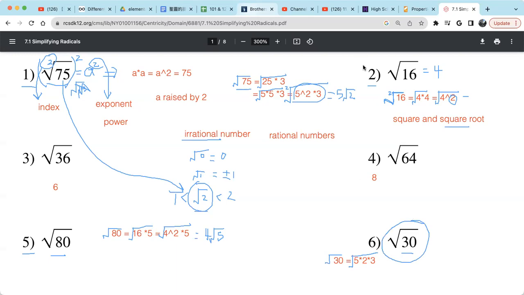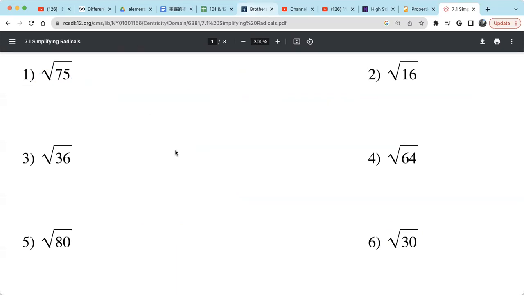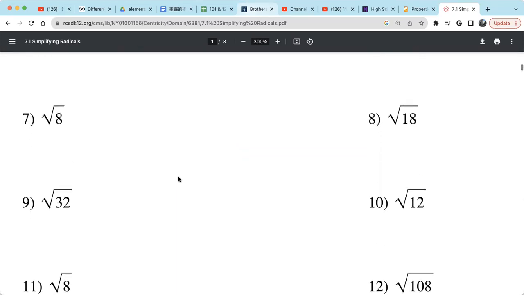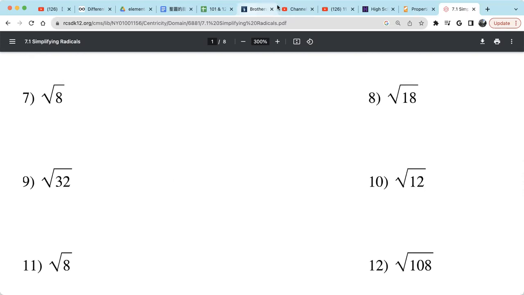Okay, I'm going to erase this one. Then go to the next. Let's see those numbers. Let's think about 8. So 8 equals 4 times 2. And 4 is 2 squared. Right? 4 is 2 squared.